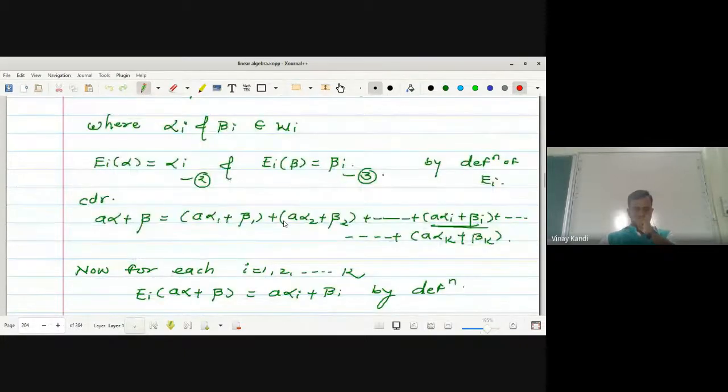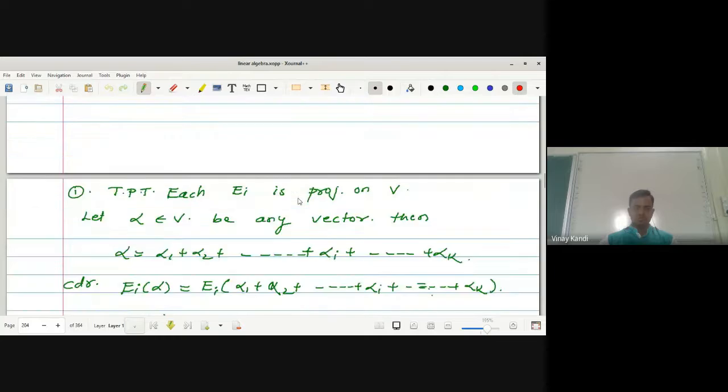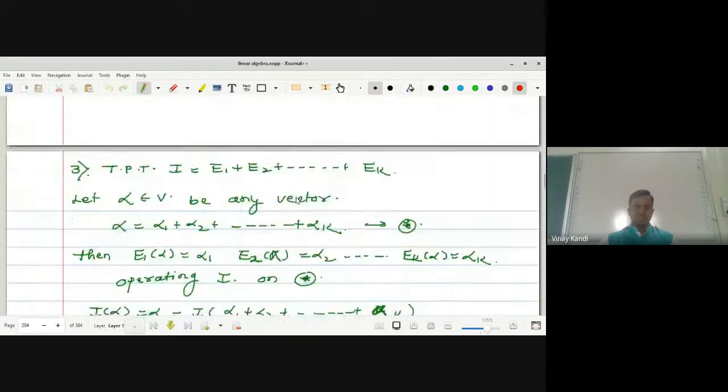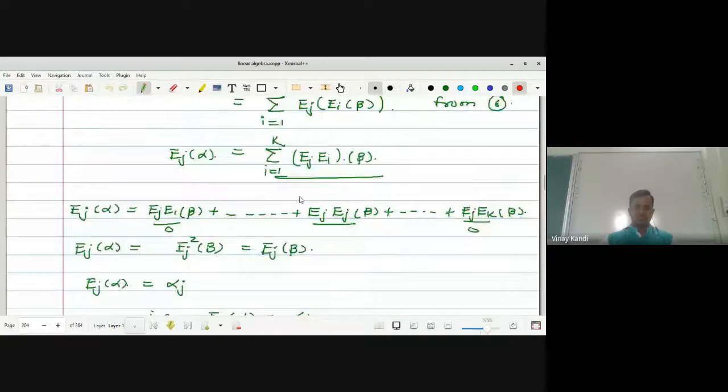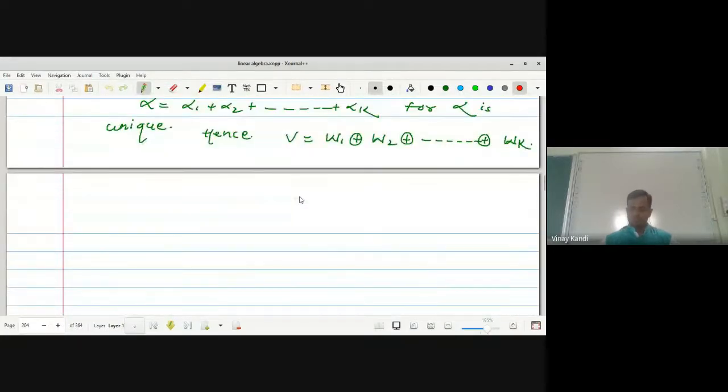Now, the next point is invariant direct sum. What is the meaning of invariant direct sum? Now look at it.